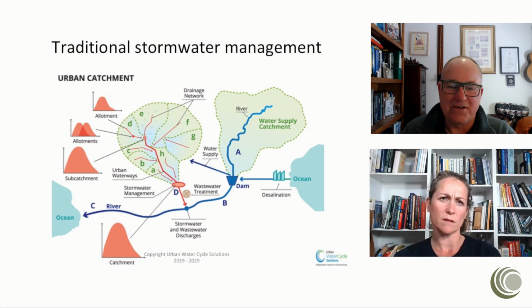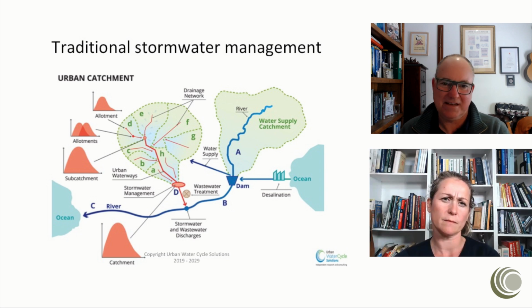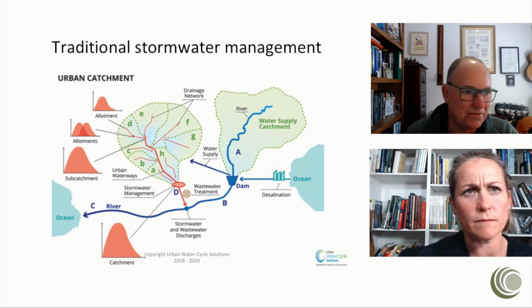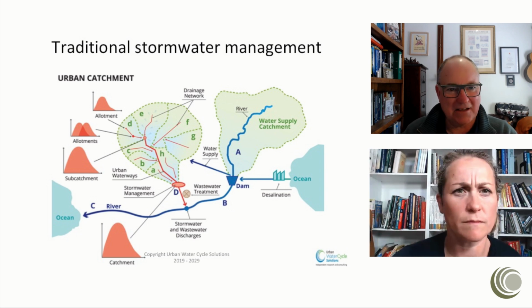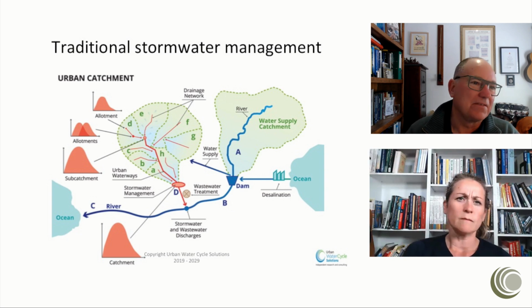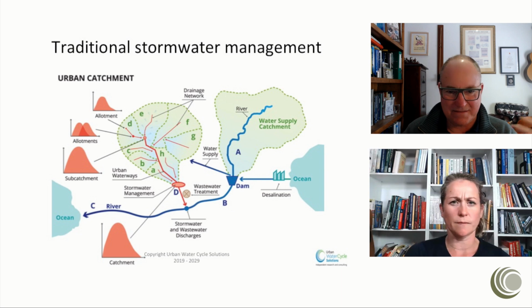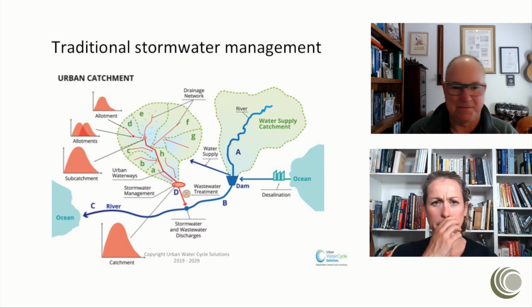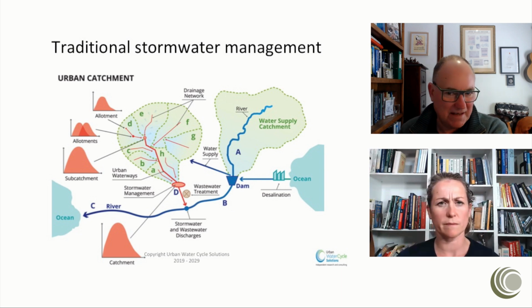If we go further about this city, you can see, say California, for example, we're actually taking water from a river and a water supply catchment that's a long way away from the city. The city takes water from someone else's catchment. It transfers the water a long way to have water supply to that city. And it might also need desalination or other sources of water to supplement that supply.